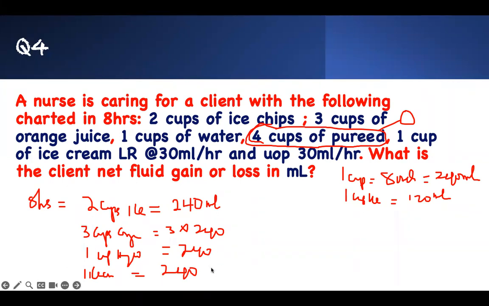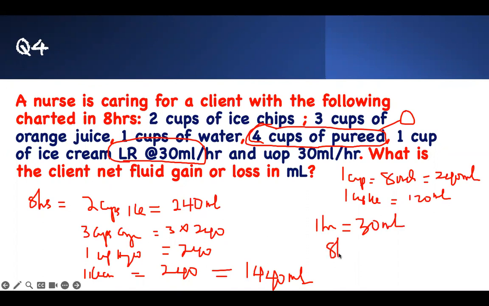So if you add all of them, it's equivalent to 1440 ml, right? And then look at it. LR at 30 ml per hour. So every 1 hour is getting 30 ml.